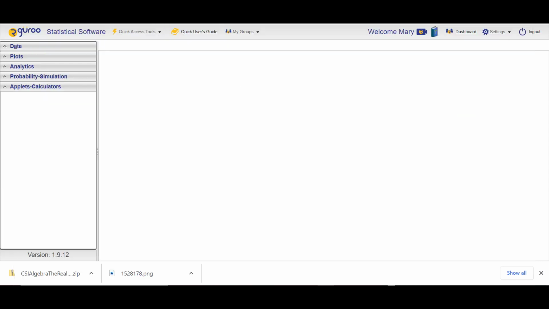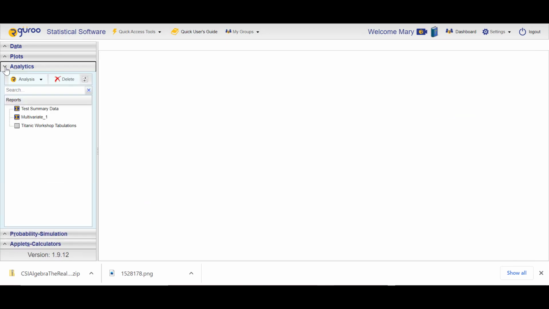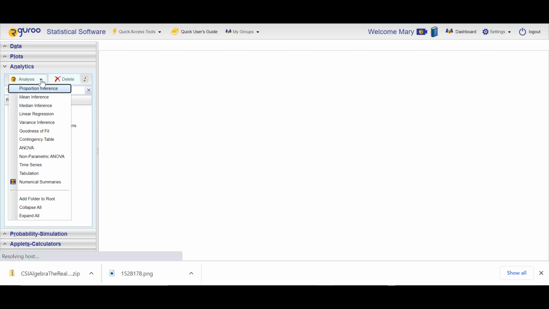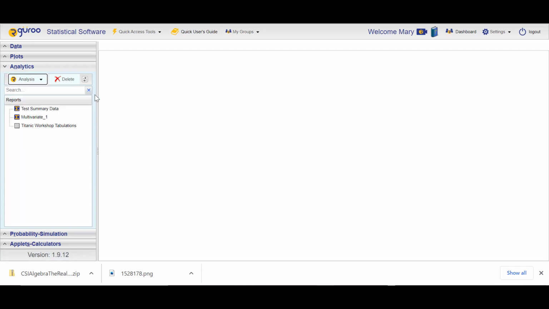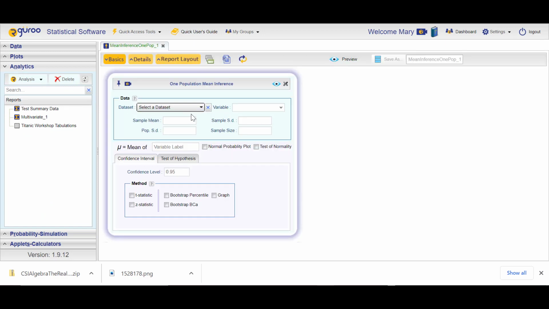So let us switch over here to Rguroo, and we're going to go to Analytics, and we're going to go to Analysis, and then Mean Inference, one population, and we're going to enter each of our values here. Our mean for the sample was 154,590.